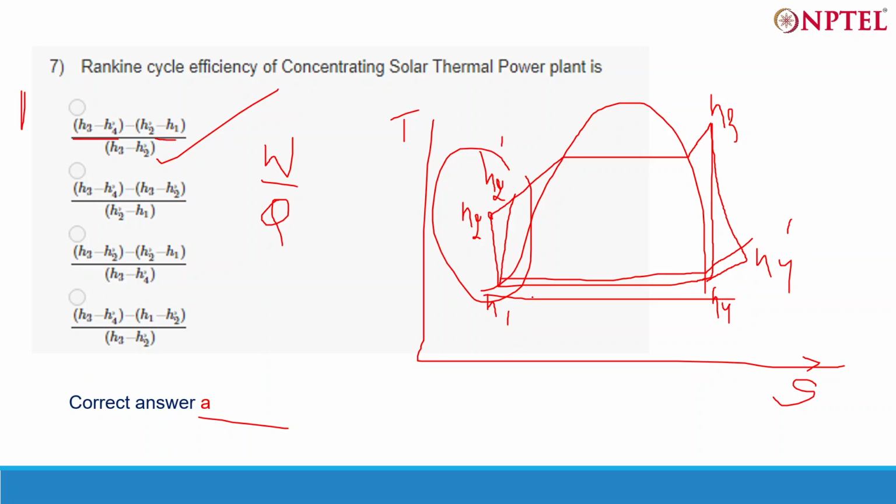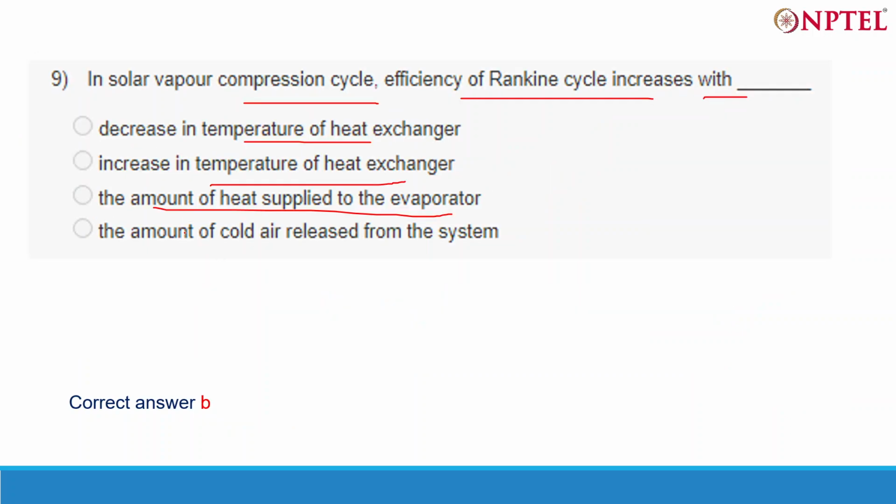I think this is somewhat confusing, because if this temperature is actually decreased, then we obtain a much larger amount of work. So that will actually push up the efficiency of the Rankine cycle. So maybe it is talking about the heat exchanger, which looks like this.